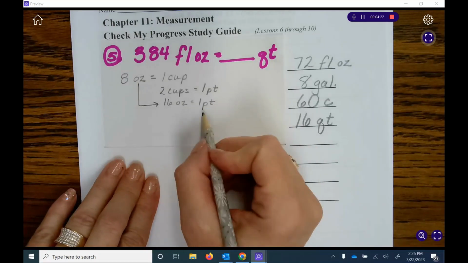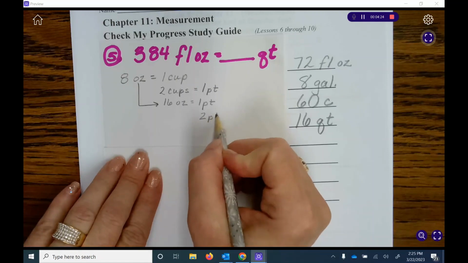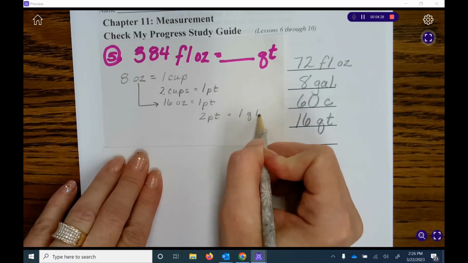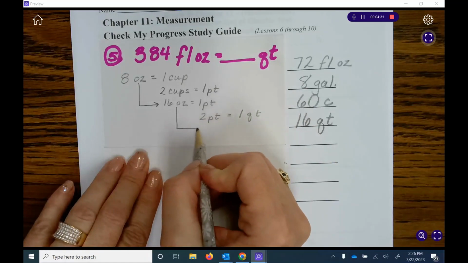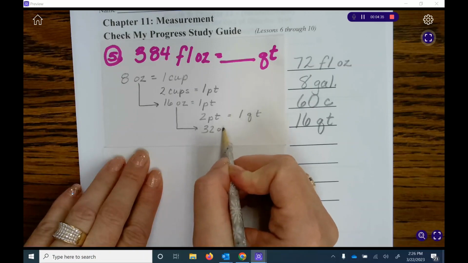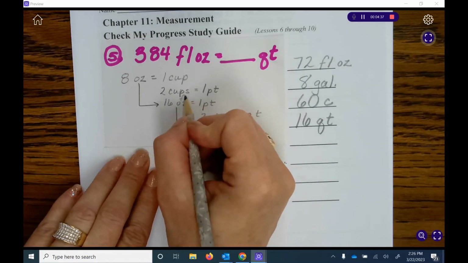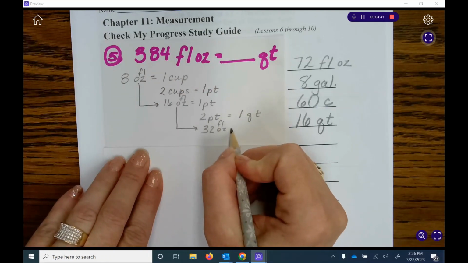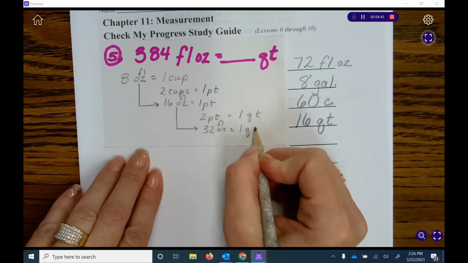I also know that 2 pints equals 1 quart. Therefore, 32 ounces, and I apologize, these are fluid ounces, equals 1 quart.